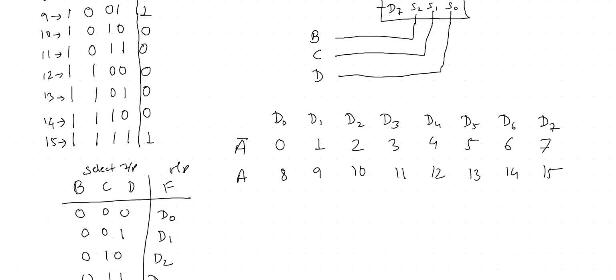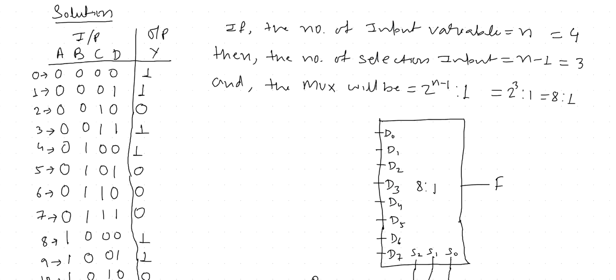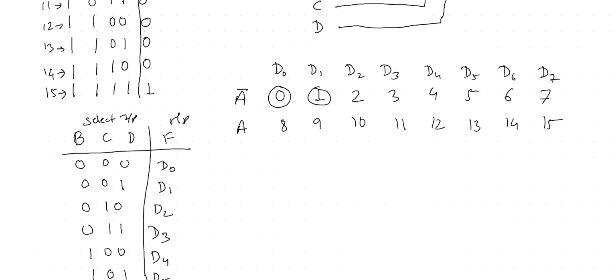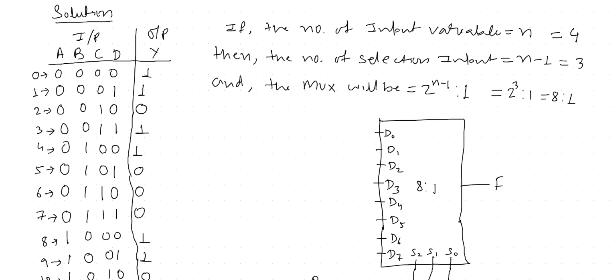So 0, 1, and from the truth table 3, 4. After that, 8, 9, 15.